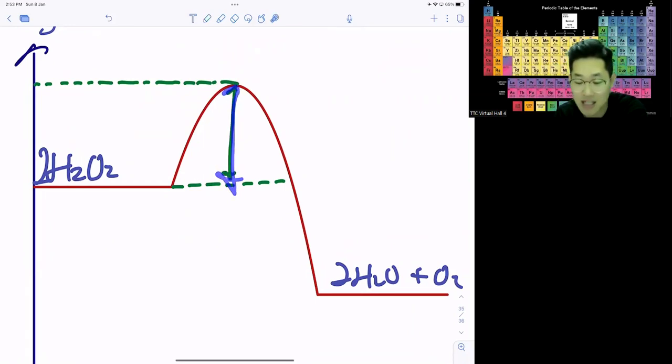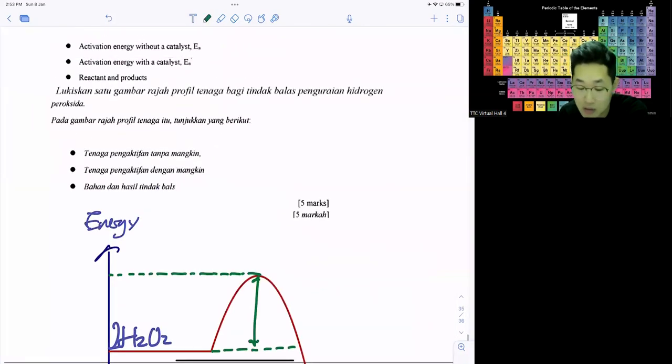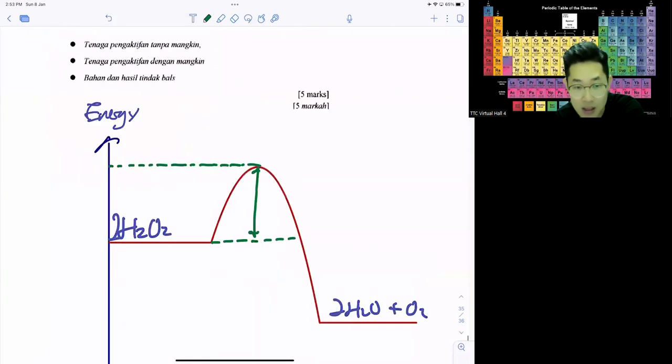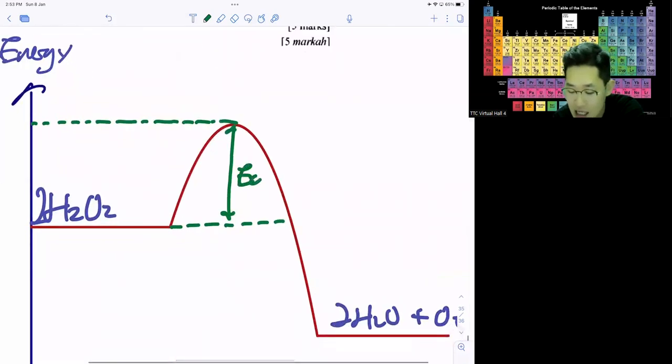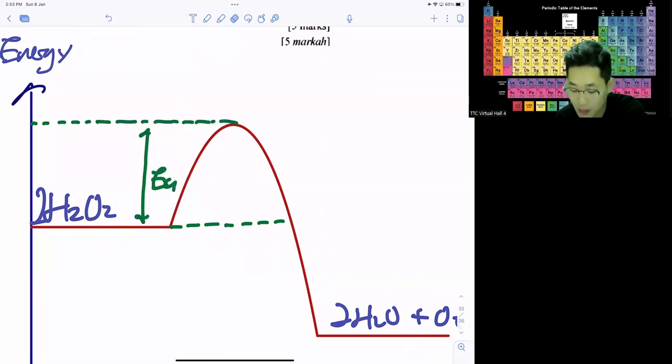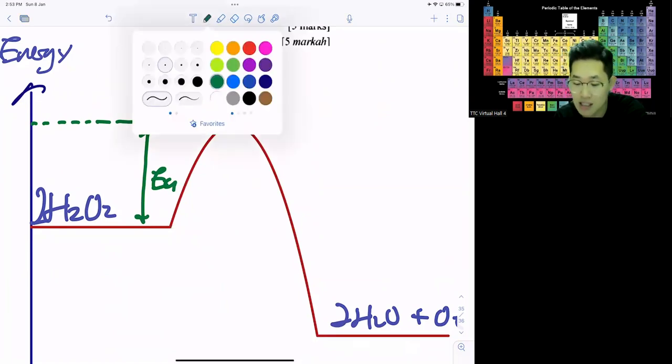The height of this mountain is activation energy. So they want me to label activation energy without catalyst with EA, and with catalyst is EA prime. So without adding catalyst, EA, like that, you can label it inside. You can also label it outside. So up to you, inside or outside. I think one outside, one inside looks nicer.